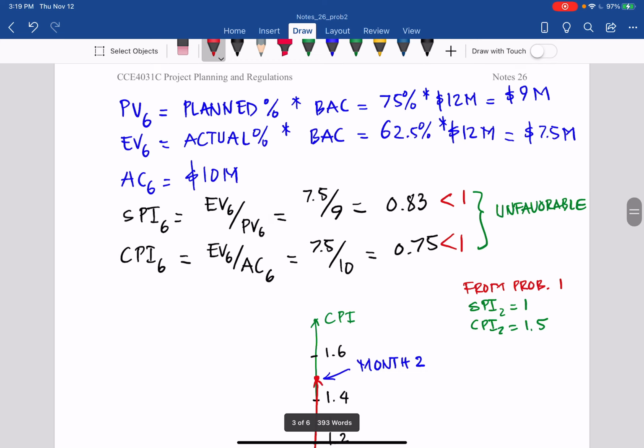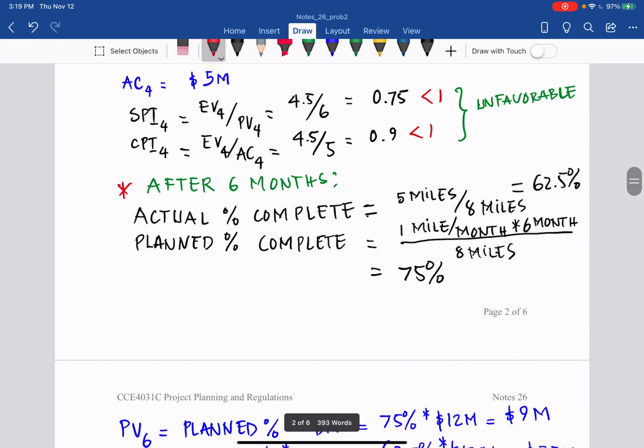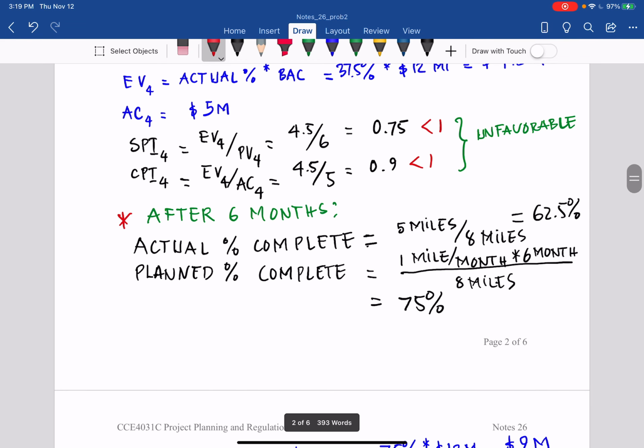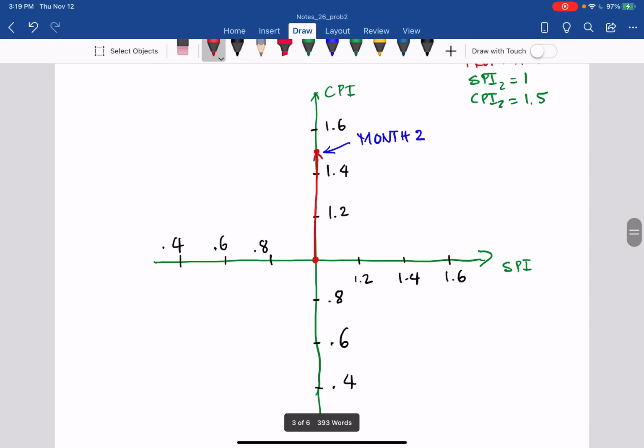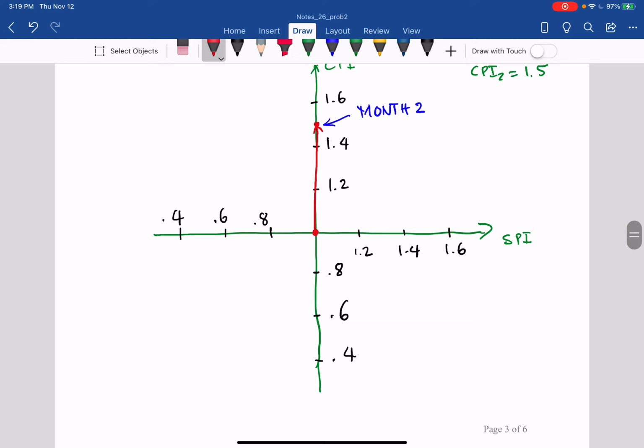And for month 4, we have SPI 0.75 and CPI 0.9. So this is 0.8, this is 0.7.